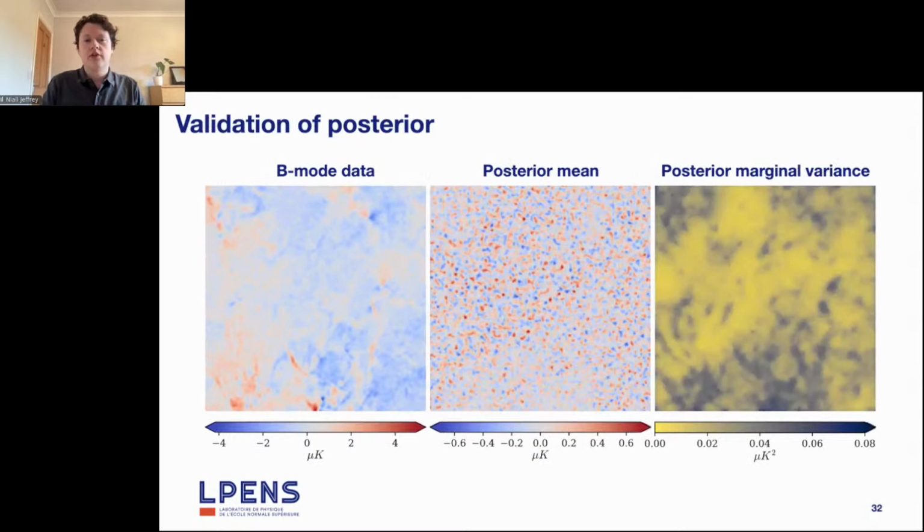In our case, you have the data on the left and the posterior mean in the middle, where, as we saw before, where you have lots of foregrounds, the posterior mean gets pushed towards 0 because we're more uncertain. But at the same time, in those areas the posterior variance is getting pushed up. So we can see on the right that the darker patches are where we have more uncertainty, more variance.